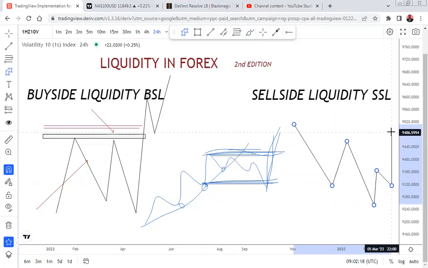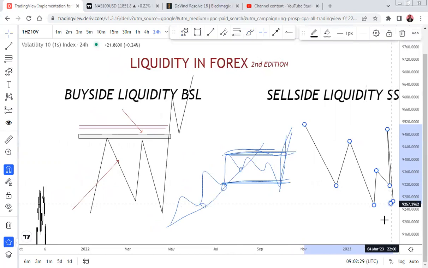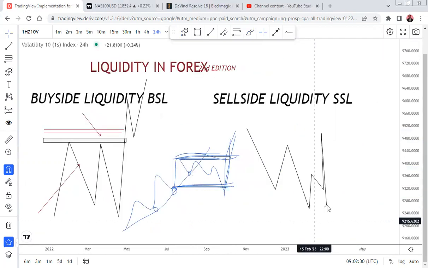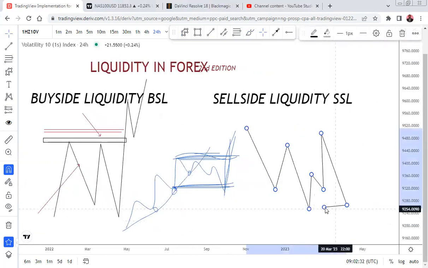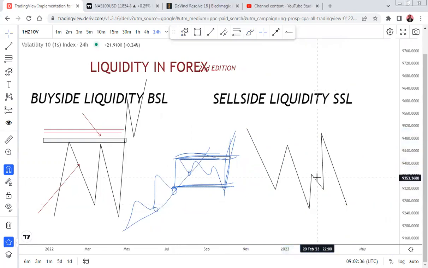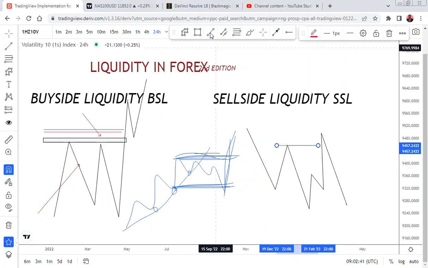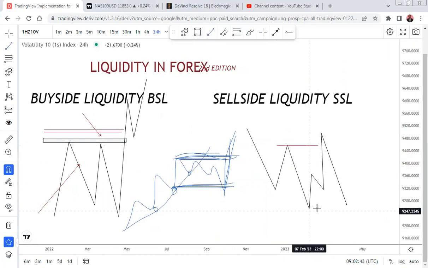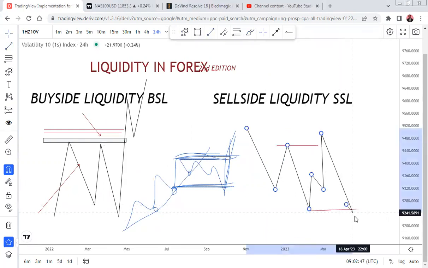More buyers come in, they clear the sellers here, run the sellers out of the trade, and then the next movement they are coming to run all the buyers within this region. All the buyers. So all the sellers here are cleared, then all the buyers here are also cleared. So this is what is referred to as buy side and sell side liquidity.